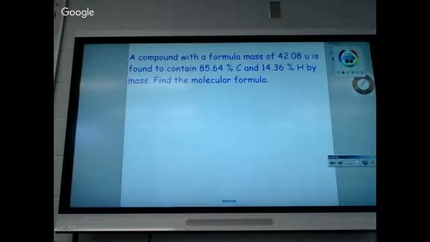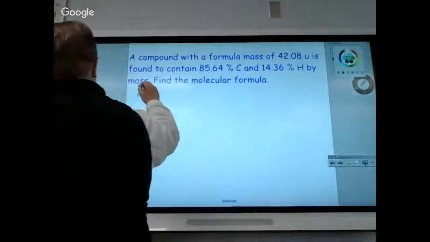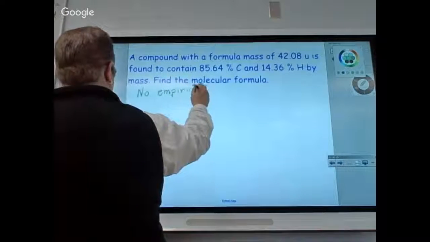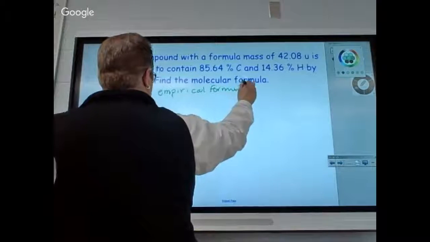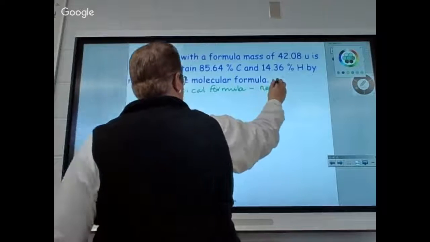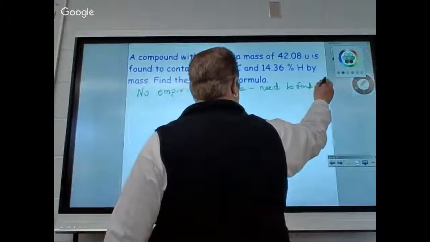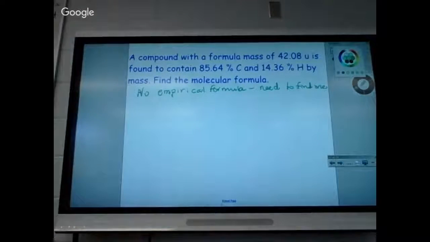So, as you're writing this down, the thing you need to notice is there is no empirical formula. Okay? You need to find one. That is the first thing that we have to do in the question. Because it's not given to us, we have to do it.